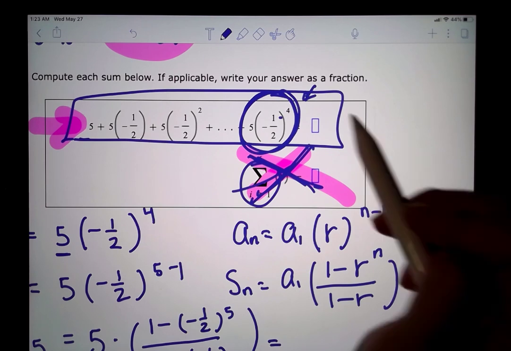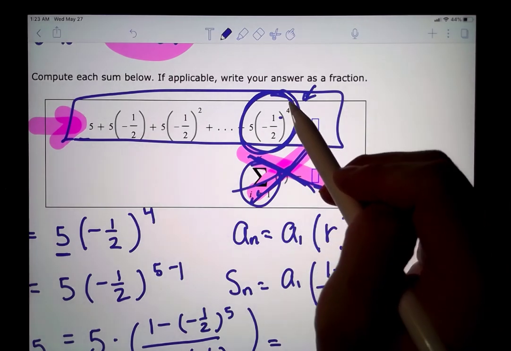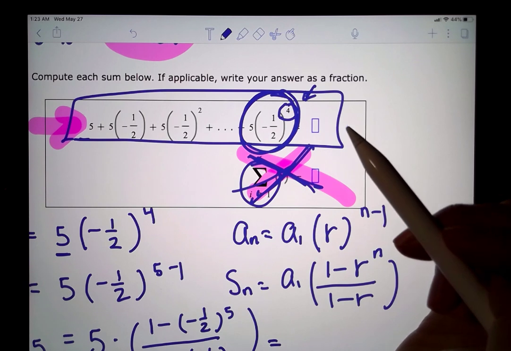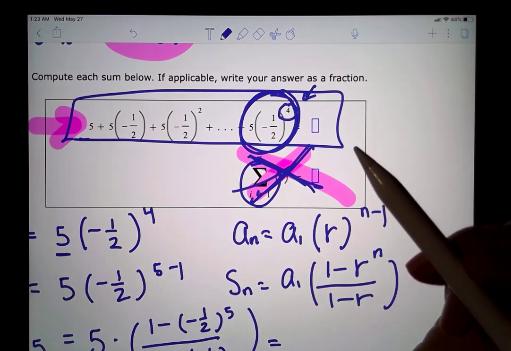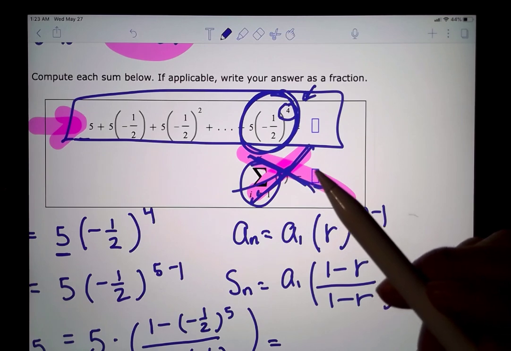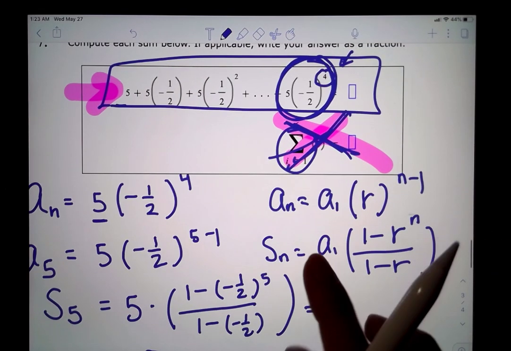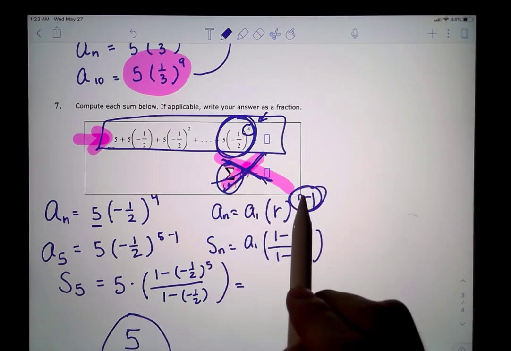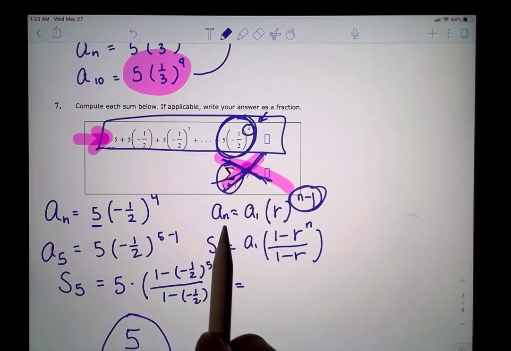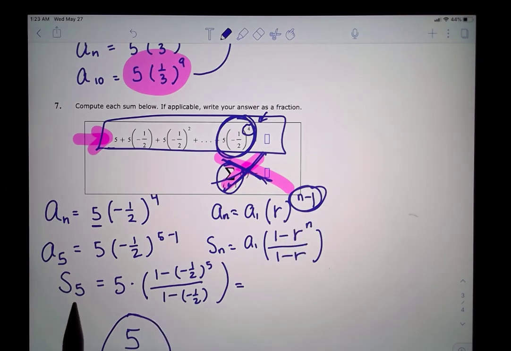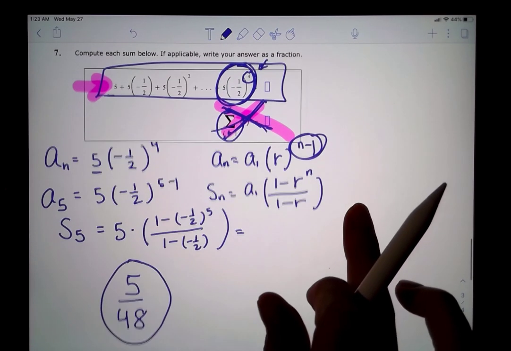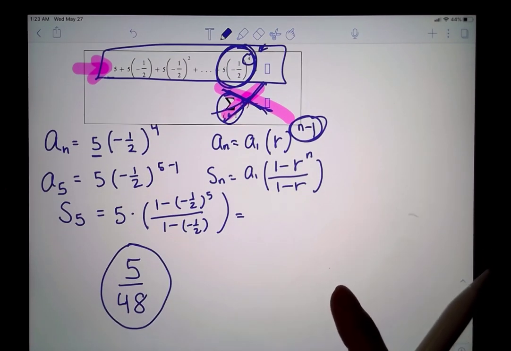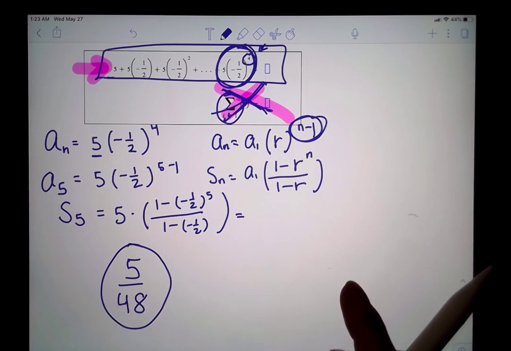Usually, if that is 4, then you just add 1, so your total number of terms is 5. So n minus 1 is 4, so your n will be 5, and then you use your sum formula and a graphing calculator or whatever calculator to get your answer.